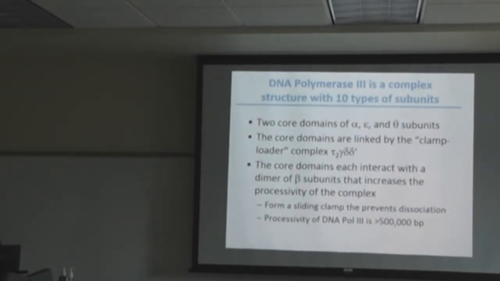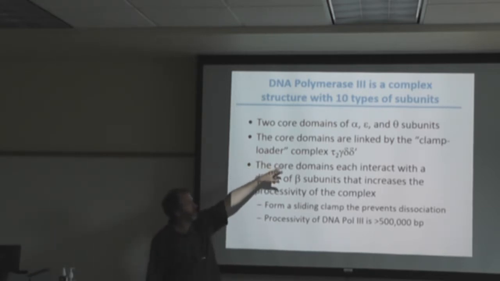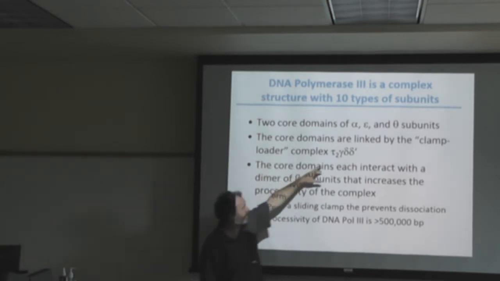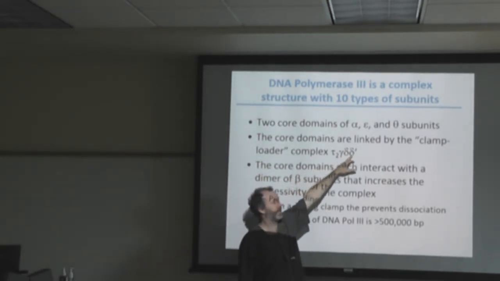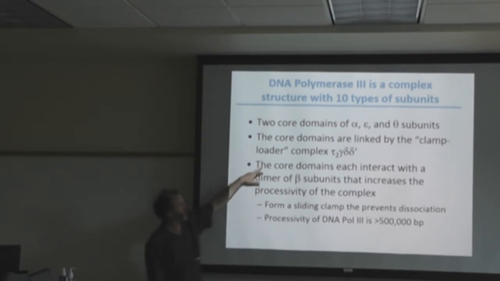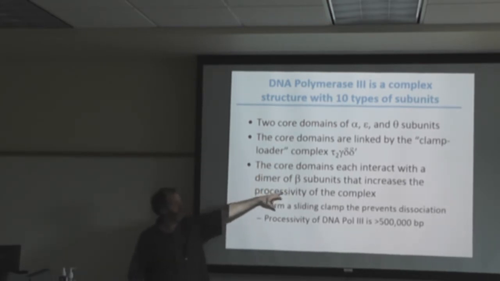So DNA polymerase 3 is a complex structure with at least 10 types of subunits. There's 2 core domains, alpha, epsilon, and theta. And the core domains are linked by the clamp loader complex, which is this tau 2 gamma delta delta prime. The core domains each interact with a dimer of beta subunits that increases the processivity of the complex.